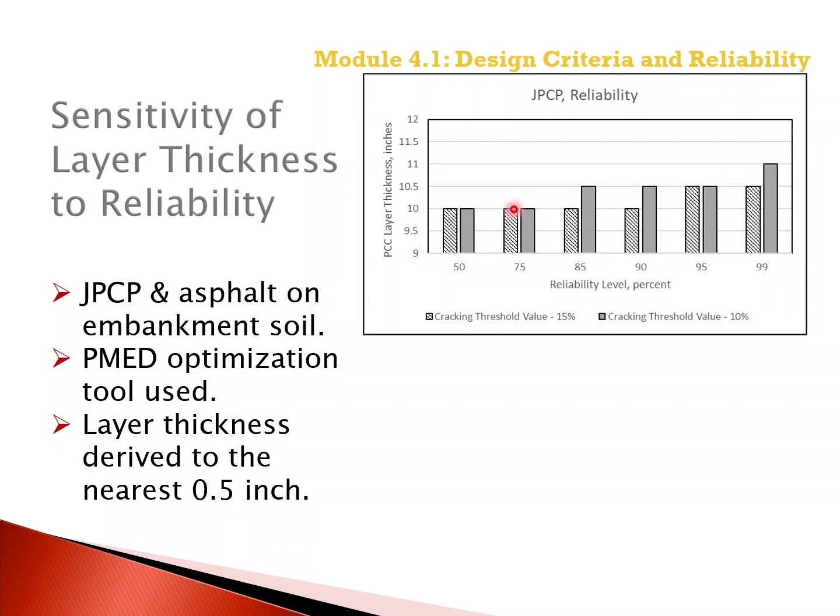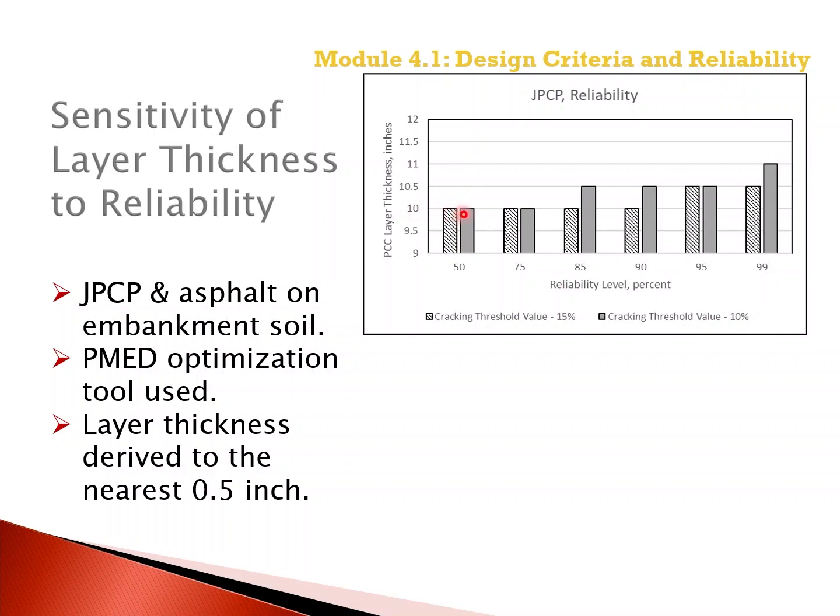So now let's look at reliability in the same context of a bar chart. This slide shows exactly the same thing as on the previous one, except now we're varying reliability level rather than the distress threshold value. So here you can see for jointed plain concrete pavement, our 50% reliability, the crosshatch is 15% cracking threshold, and the darker shaded area is 10% fatigue cracking.